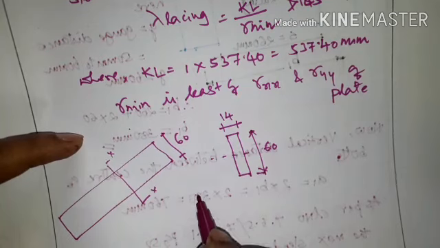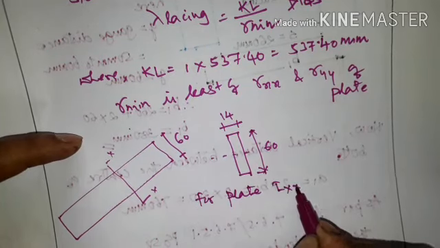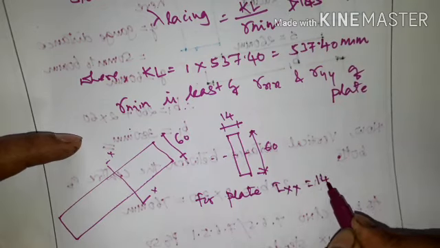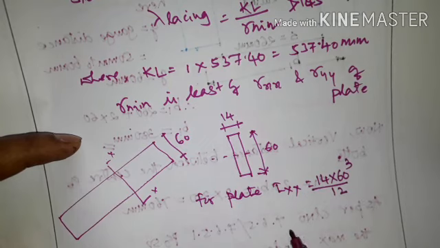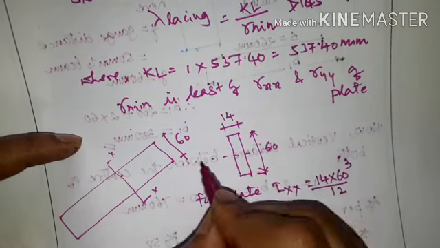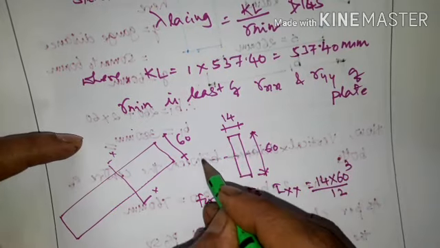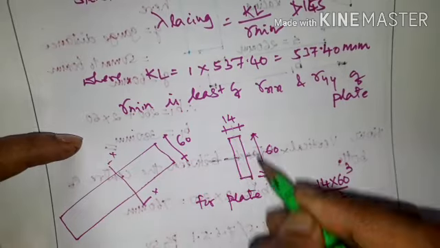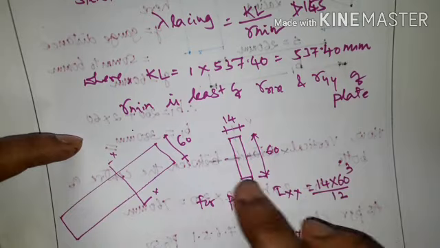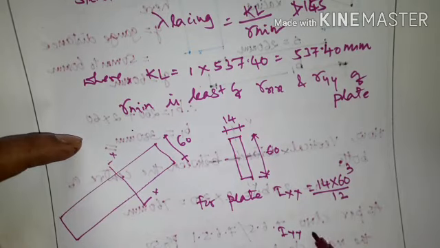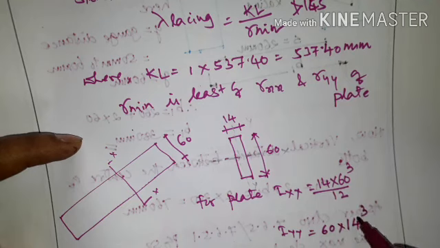So for plate, about horizontal axis IXX is BD cube by 12, so 14 into 60 cube by 12, and IYY is DB cube by 12, so 60 into 14 cube by 12.